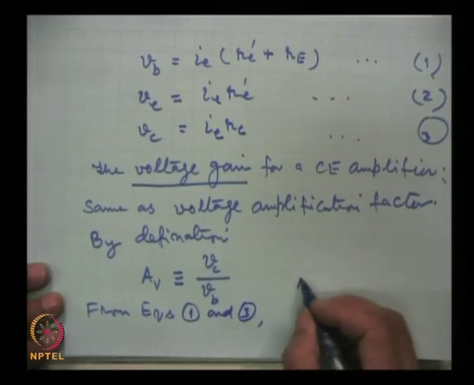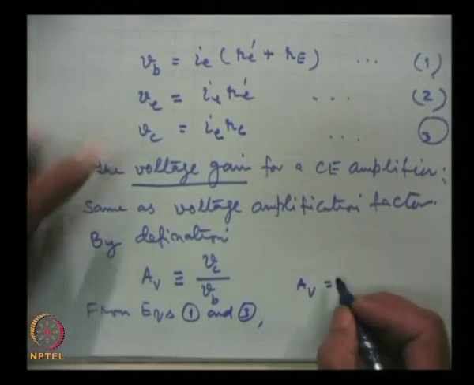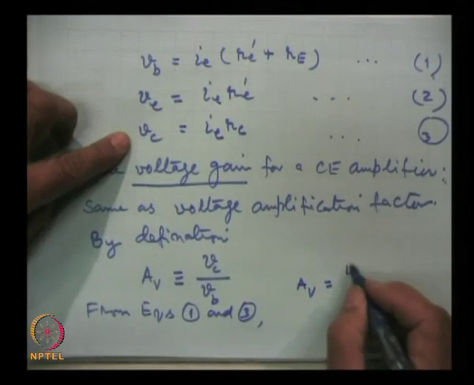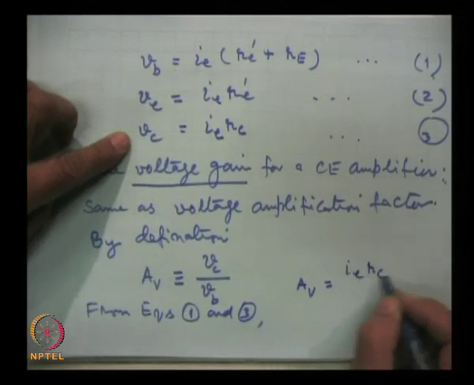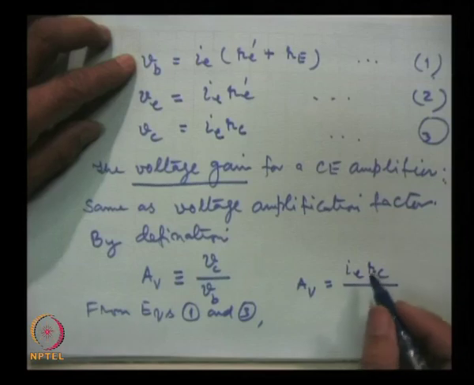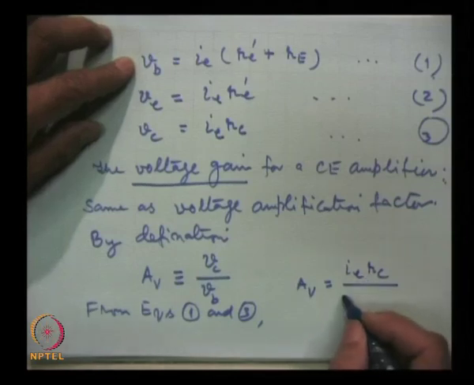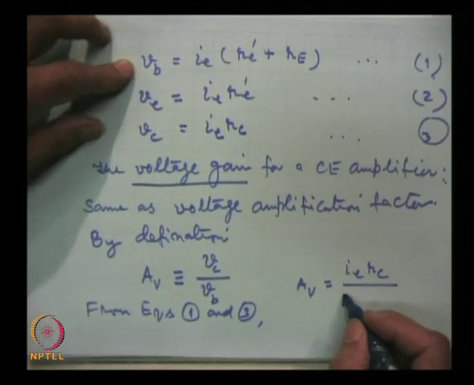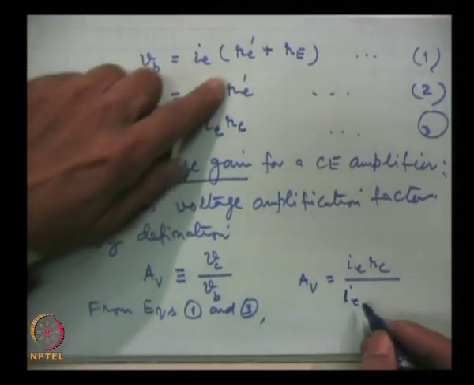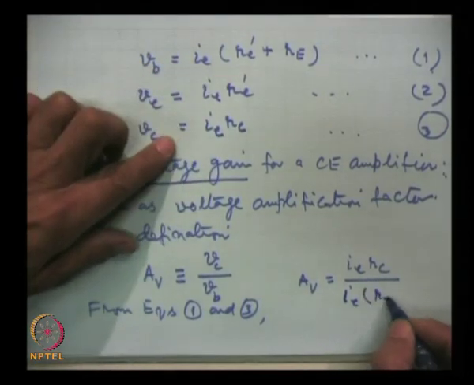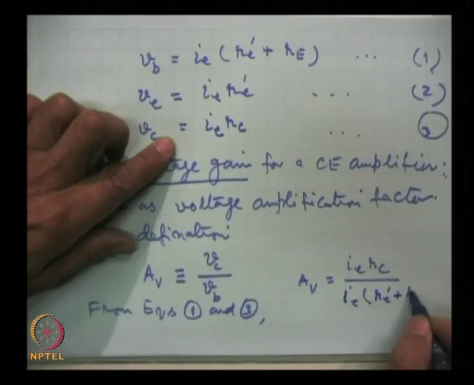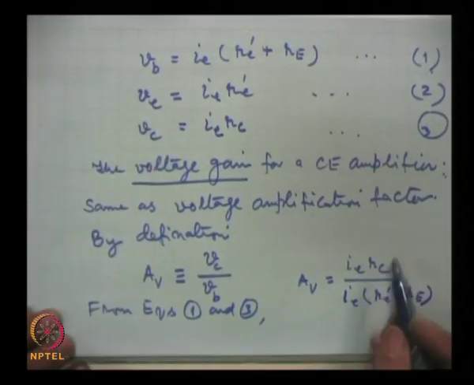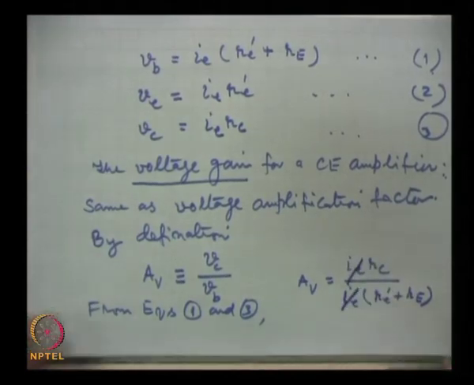this becomes Av equal to Vc, we substitute as Ie Rc divided by Ie divided by Vb, and Vb is Re prime plus Re, and this Ie gets cancelled.